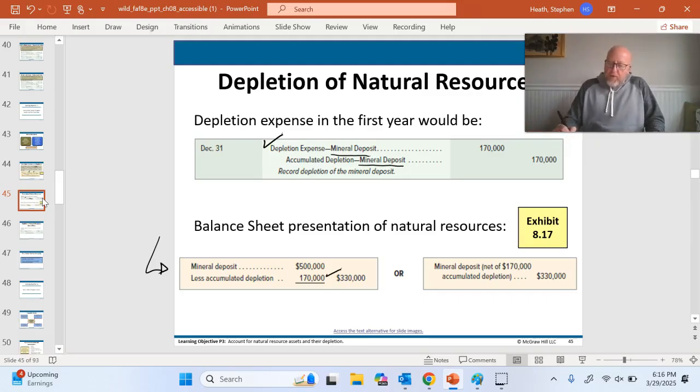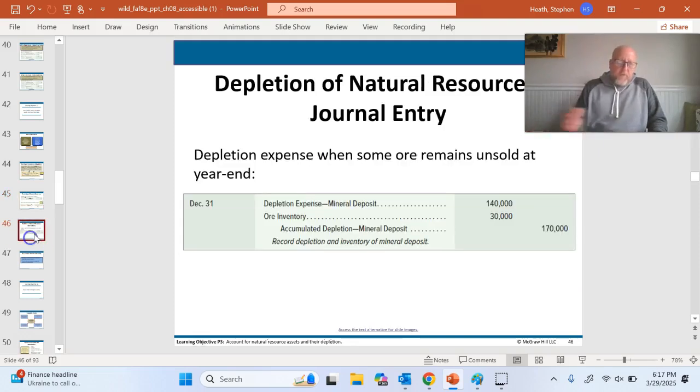So the net book value of our natural resource at the end of the first year is $330,000. And all they're doing here is saying, hey, you can report it on the balance sheet net of cost. But anyway, that's natural resources.